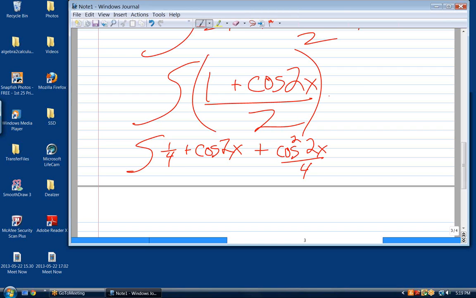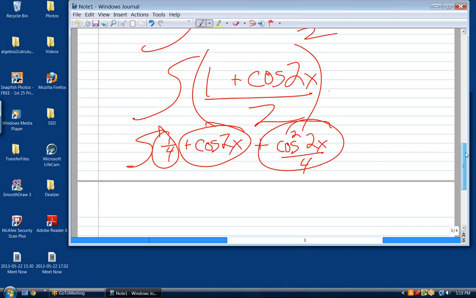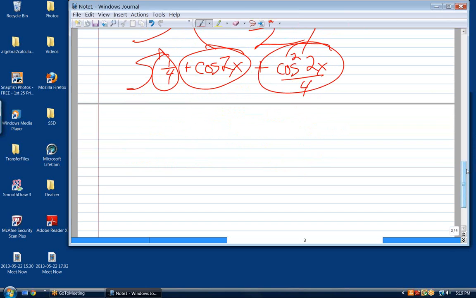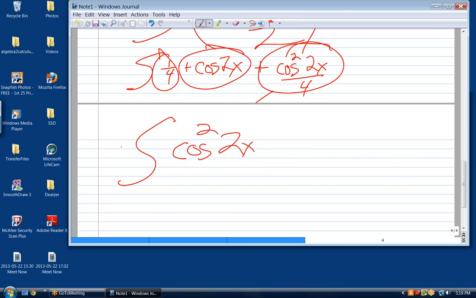Okay, we know how to integrate that. We know how to integrate that. Don't know how to integrate that yet. But since we can use the reduction formula again, in other words, let's just focus on the tough one. Let's take the 4 outside like that.